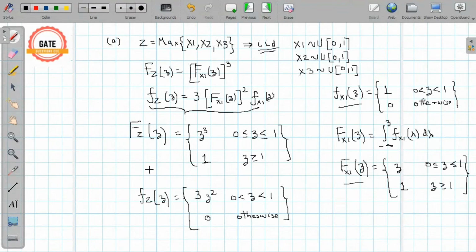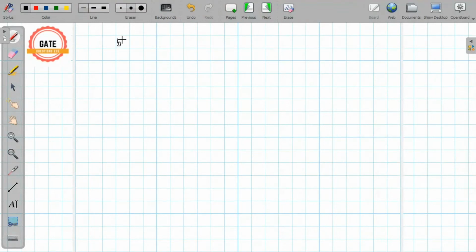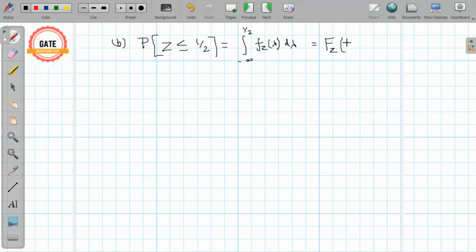So now let's see what will be the solution for part B. In part B, he has asked about the probability that Z is less than or equal to 1 by 2. So this will be equal to the area under the PDF of Z from minus infinity to 1 by 2, with dummy variable lambda, d lambda. So this is nothing but the CDF of Z calculated at Z equal to 1 by 2.